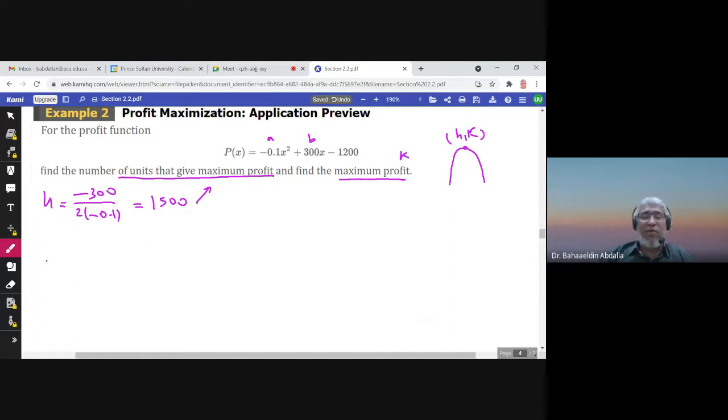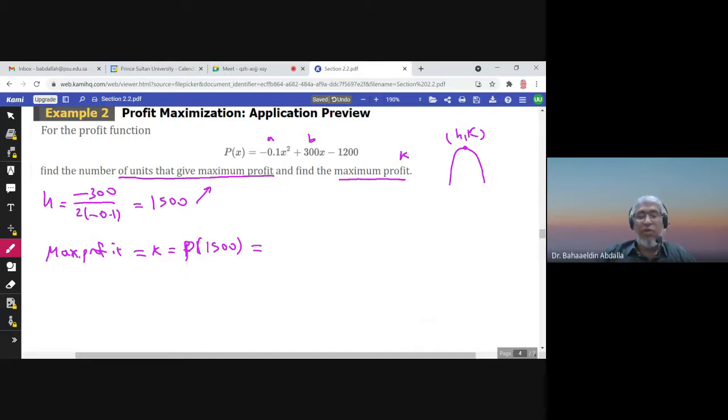Find the maximum profit. Well, maximum profit is just k, and k is f of h, and h is 1500. So it is not f, it is p here, because the function is p. So we find p of 1500: negative 0.1 times 1500 squared plus 300 times 1500 minus 1200.